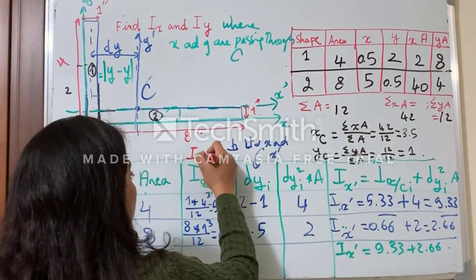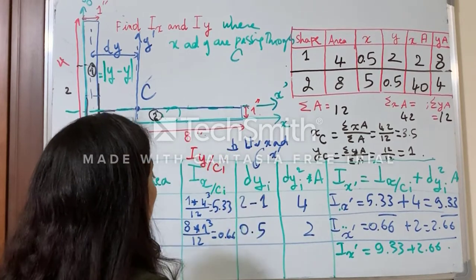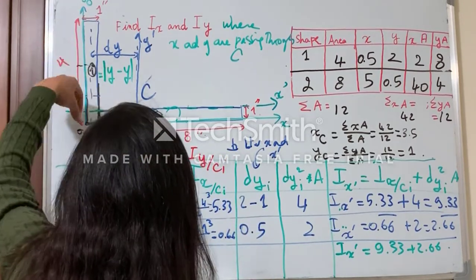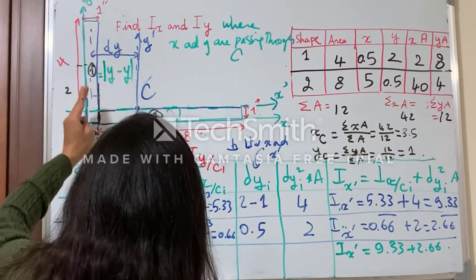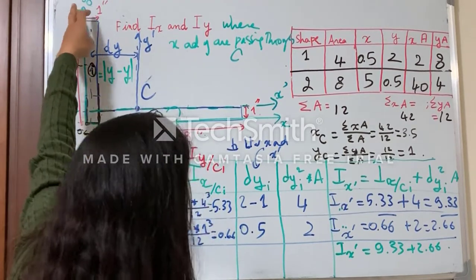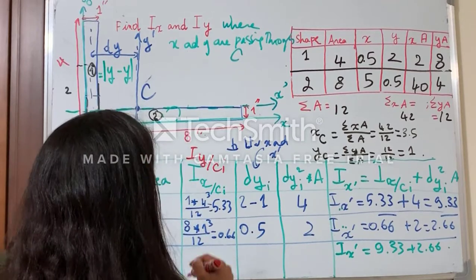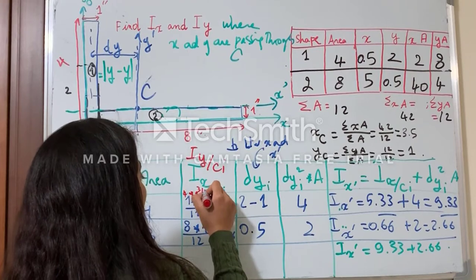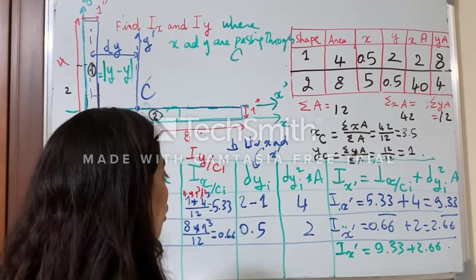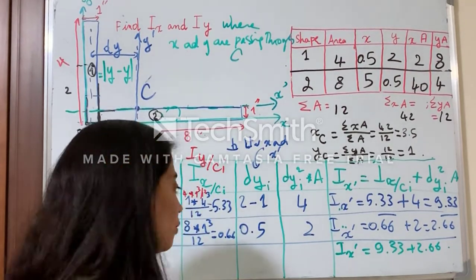So here I should find Iy around Ci. Now Iy around Ci for the first shape means that the base will be parallel to y, and then it is 4. So bh cubed over 12 will be 4 times 1 cubed over 12, and this means that it is 4 over 12, which is 0.333.